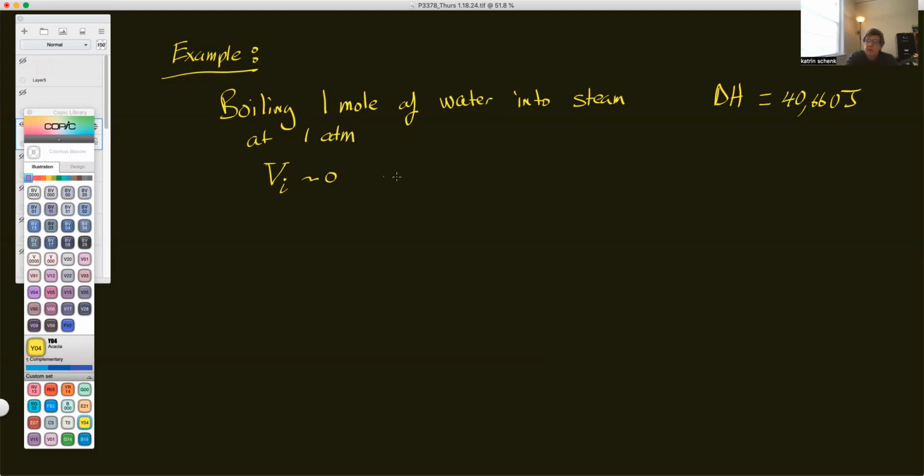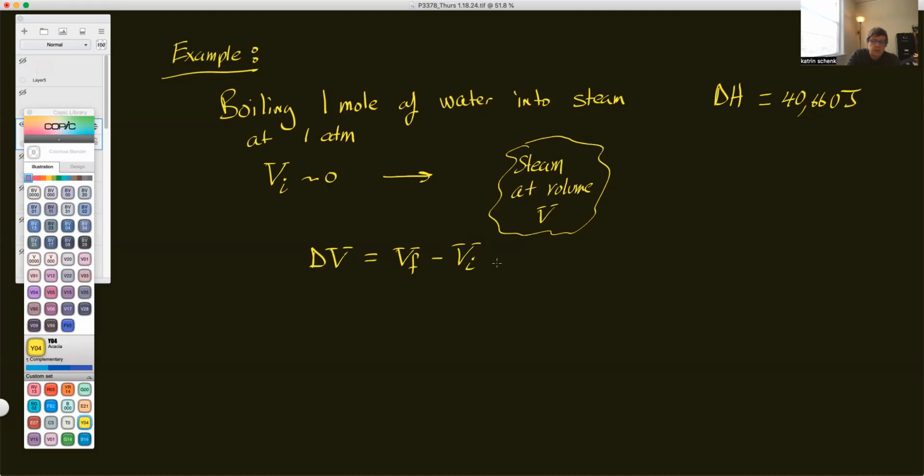Okay, and then we go to some other, bigger volume of steam at volume V. Okay, so we're going from basically 0 to V. That tells me what delta V is, right? Because the delta V is V final, which is my big V there, minus V initial, which is 0. So this whole thing is just V final, which we said was V, okay?